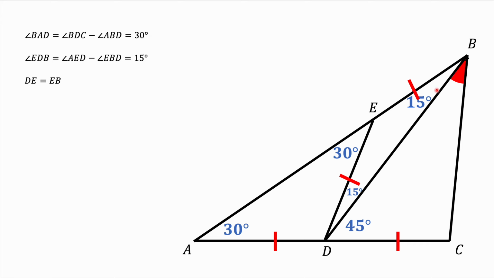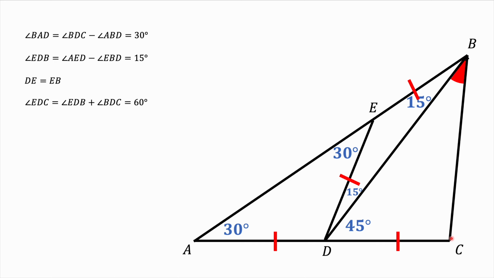Next, what we can easily see is that this angle of 15 degrees and this angle of 45 degrees give us 60 degrees. Now notice this angle EDC is 60 degrees and it sits between two congruent segments, DE and DC.